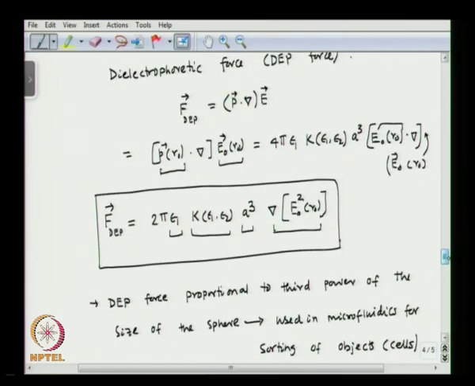So you can see from this equation that the direction of the dielectrophoretic force is very much dependent on the sign of the Clausius-Mossotti factor, and if the sphere is more dielectric than the liquid, the dielectrophoretic force is positive, okay.